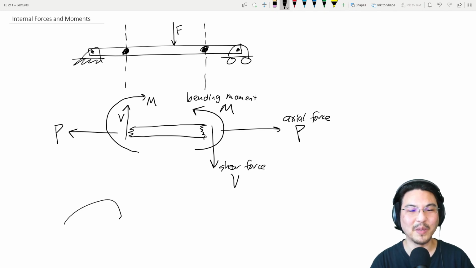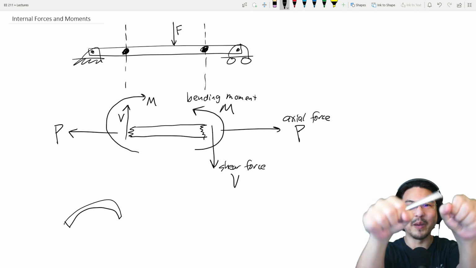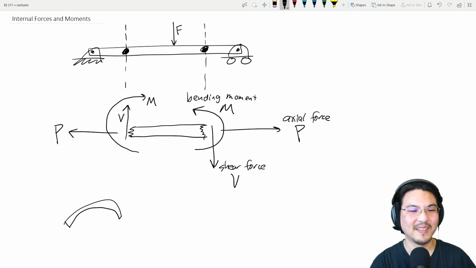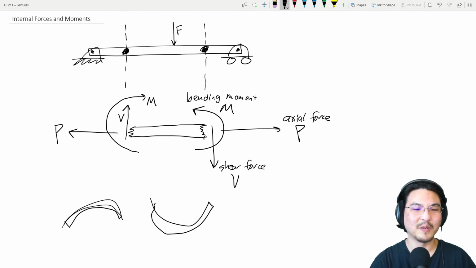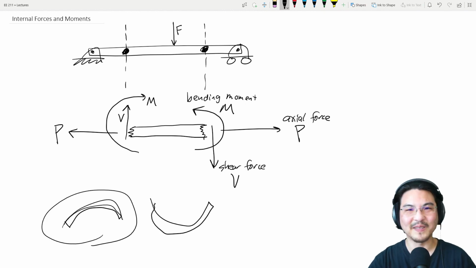You could bend the beam with your hands, this way or this way. We call this way positive bending and this way negative bending. Bending a beam to look like a happy face is positive. Bending it like a sad face is negative. I think that's a mnemonic device that I use to remember.